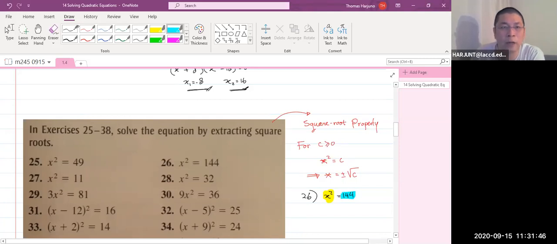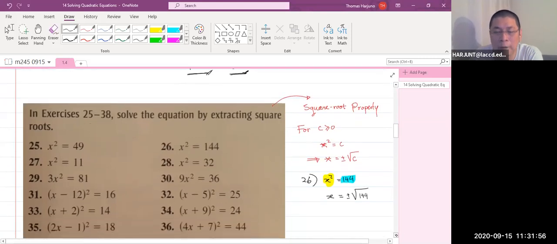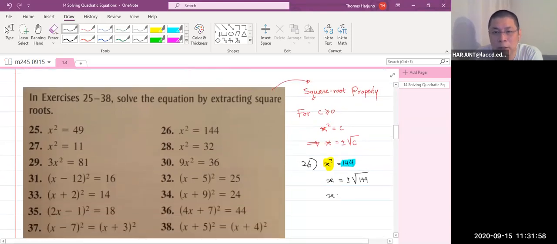Once you have that pattern, you apply square root to both sides, but don't forget to use plus minus. Now we simplify a little bit, and I would like you to write this in split form. x1 is 12, x2 is negative 12. I want you to split it.